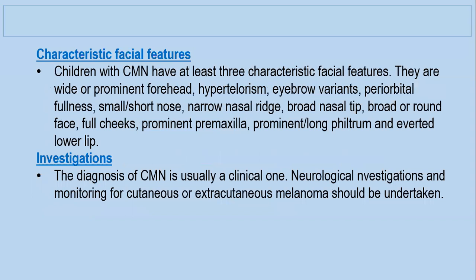The characteristic facial features. Children with CMN have at least three characteristic features. They have a wide or prominent forehead. They have hypertelorism, that is, more distance between the eyeballs.